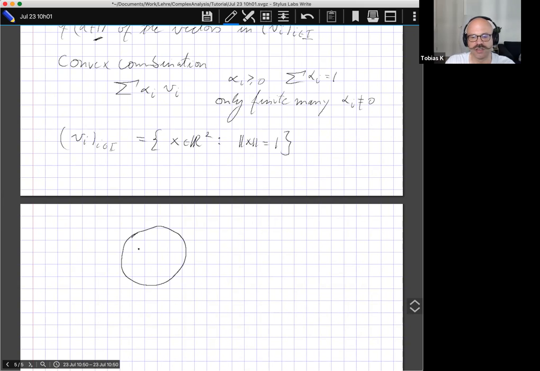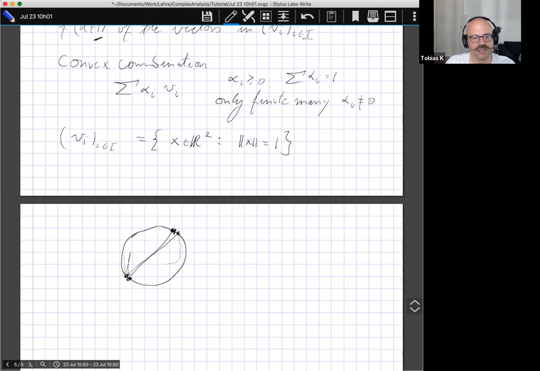So what is now the convex combination? It means you take, for example, a point here and a point here, and then you add the segment between them. Then you take a point here, and a point here, and a segment between them, and so on, and so on.